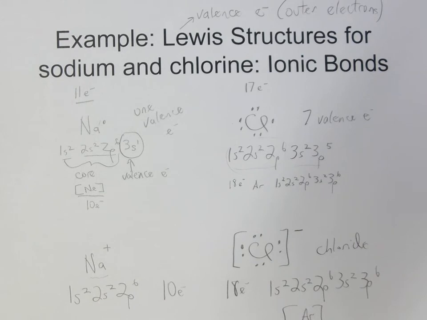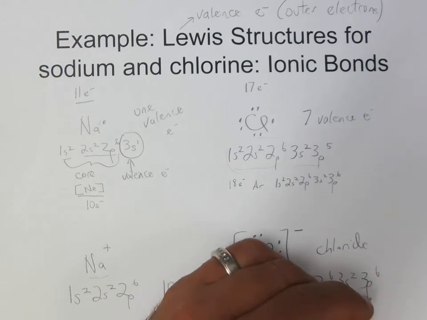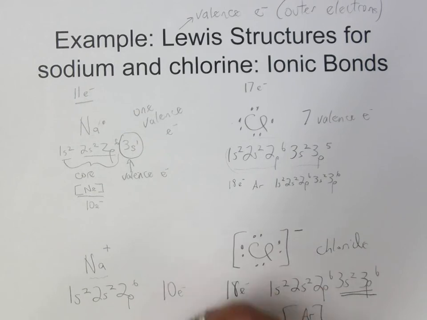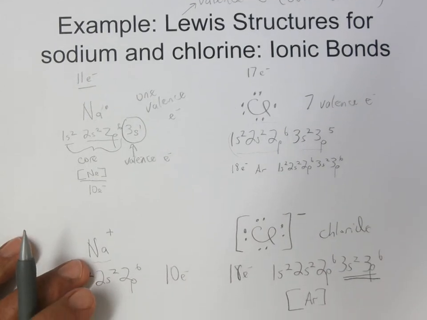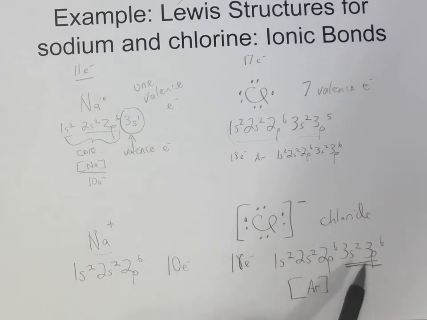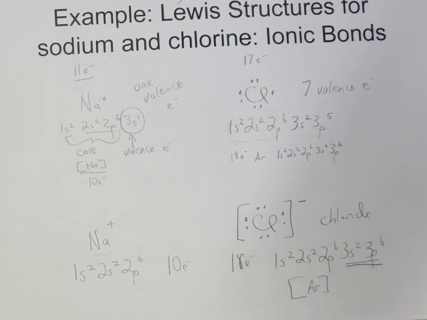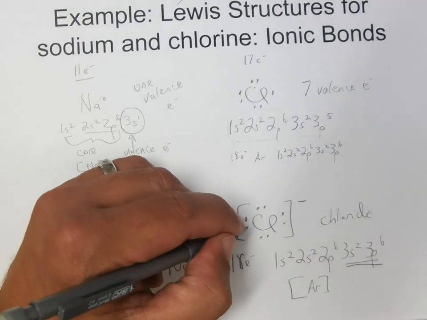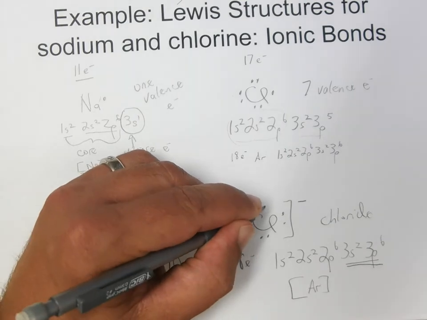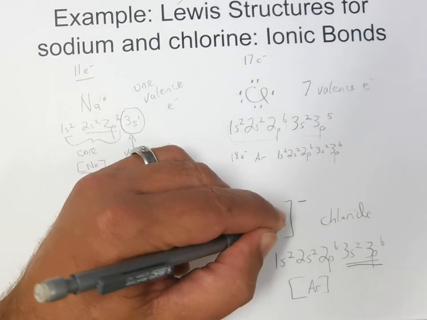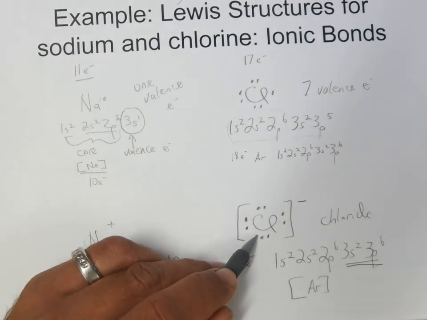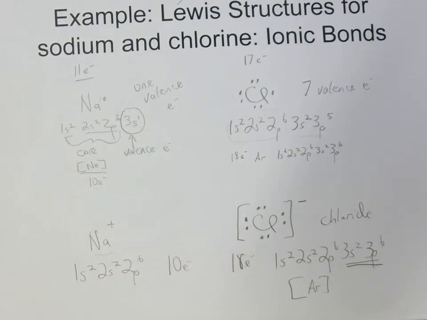So you basically can see, for the s2p6, that's the origin of the octet rule, that having 8 valence electrons is stable, because then you've filled the s and p sublevels, and once the sublevels are full, that's fairly stable.